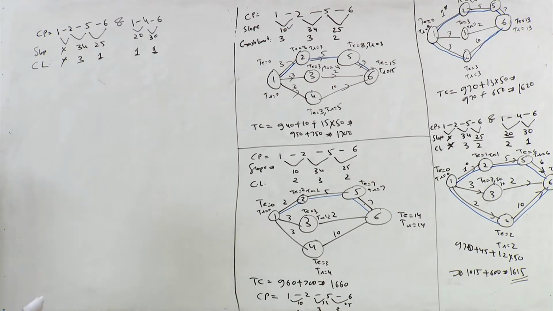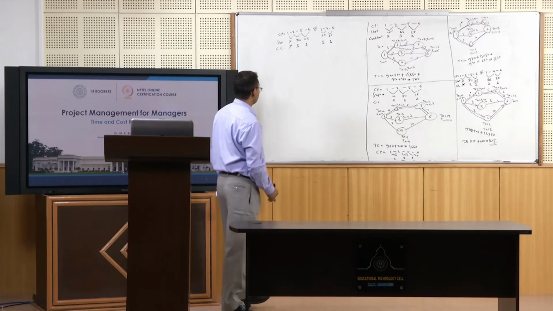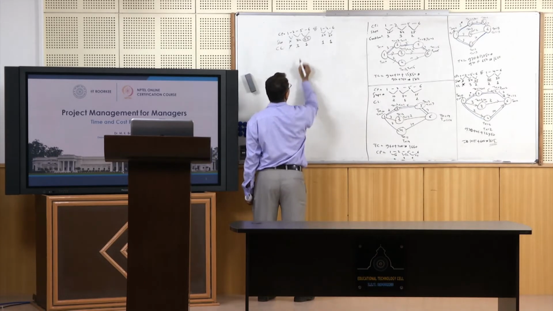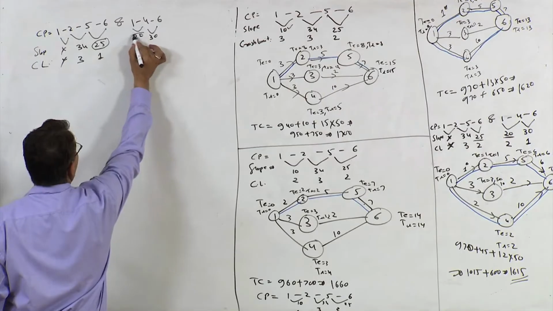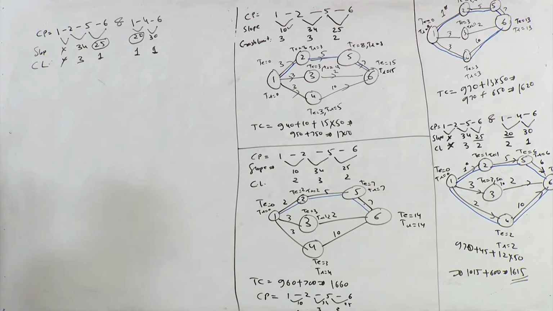So what decision will you take now? Select 5, 6 because it has got the least slope from here, and 1, 4 from here which has got least slope, right. Direct cost will increase by 45 rupees, indirect cost will decrease by 50 rupees.